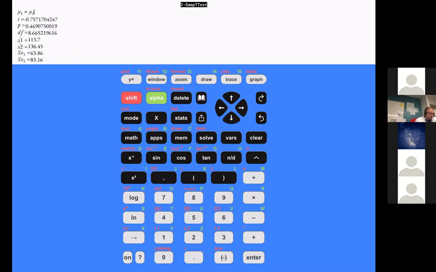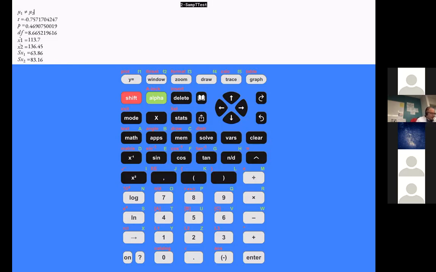Okay, so the stuff that we need, and I'll write that down too. It tells me what my test statistic is. It's a negative 0.7572, which is way deeper than I needed to go. We also have a p-value of 0.469.